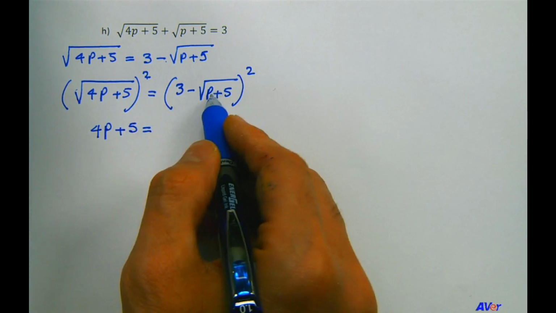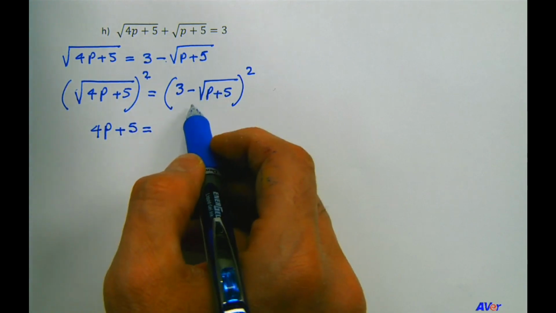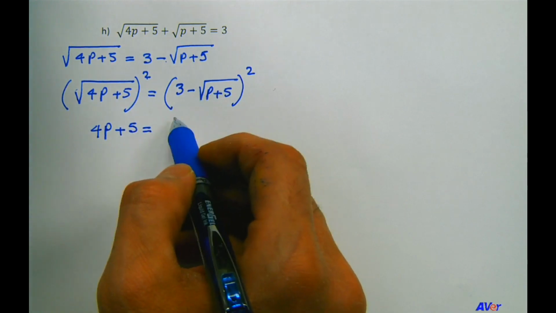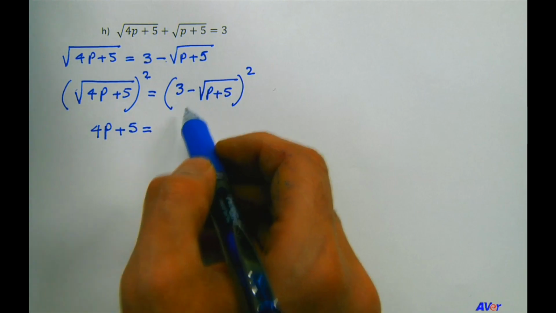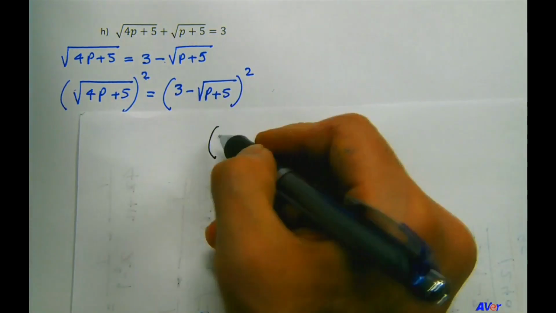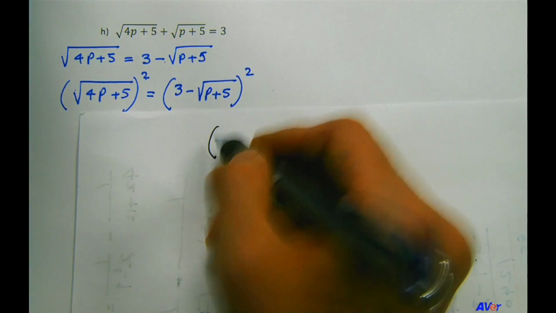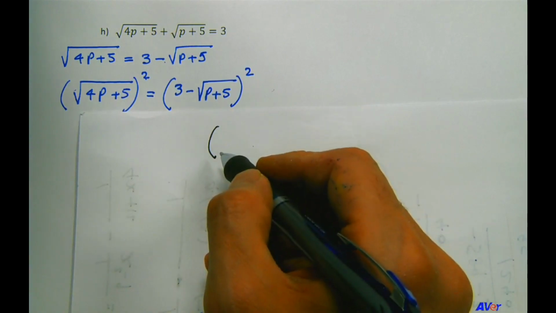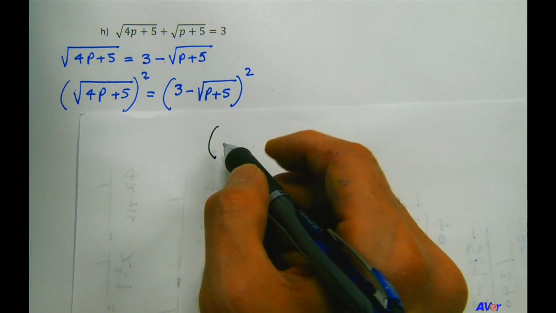On the right, you can either FOIL this, or if you remember the special product formula like I asked you to. Some of you might be wondering, what kind of special product is he talking about? I'm talking about this one. There are 3 special product formulas that we'll be using again and again, so they are worth remembering.